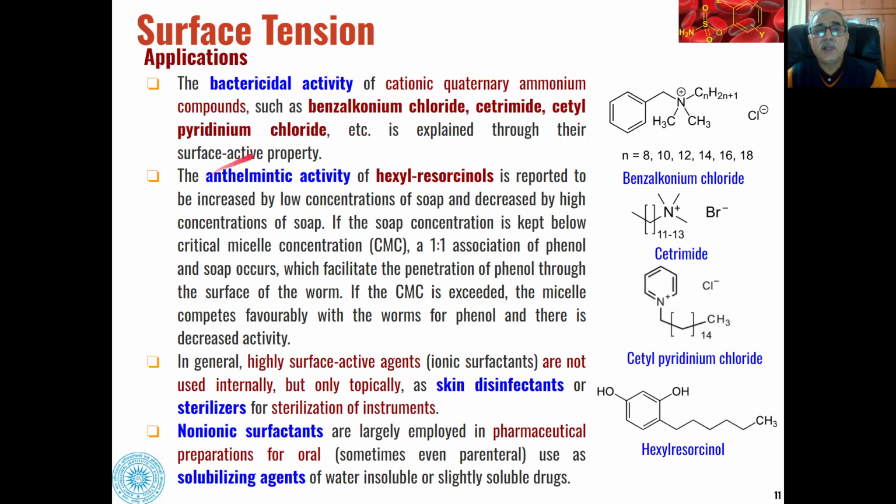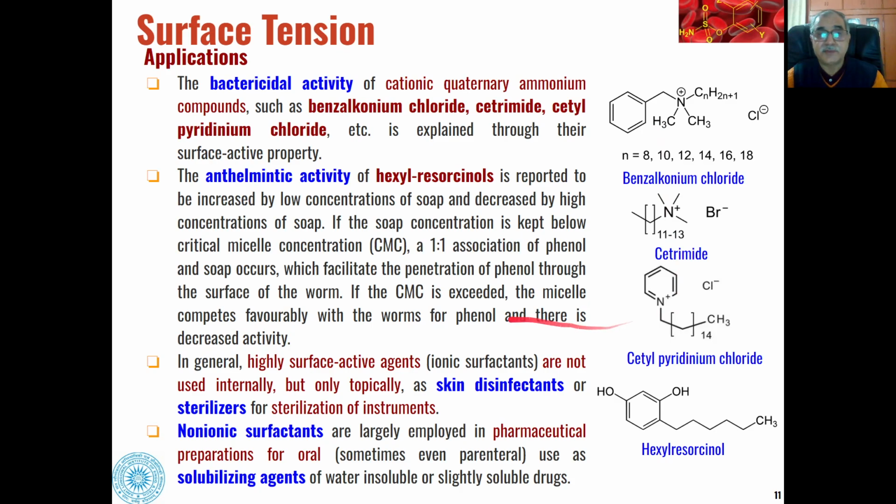Then cetyl pyridinium chloride also has this activity; this is the structure for cetyl pyridinium chloride. This also has shown bactericidal activity.